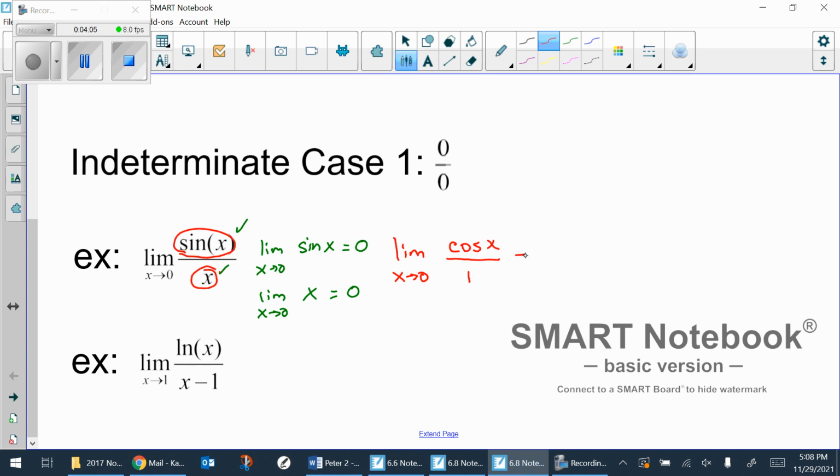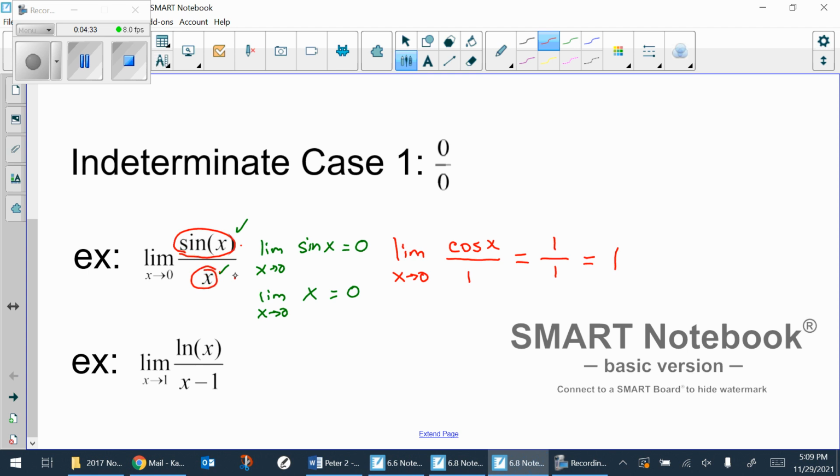Now, if I put my 0 in place of x, I've got the cosine of 0, divided by 1, that's equal to 1. So this indeterminate limit, because it was 0 over 0, we have now determined is equal to 1.